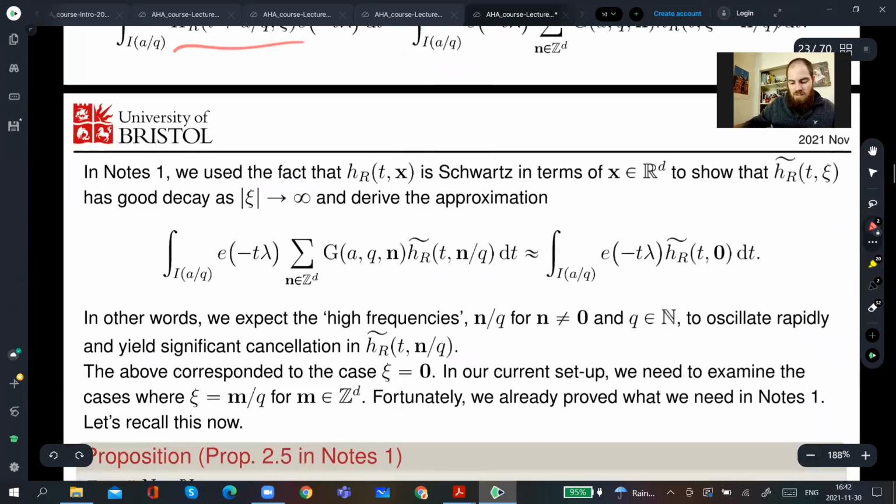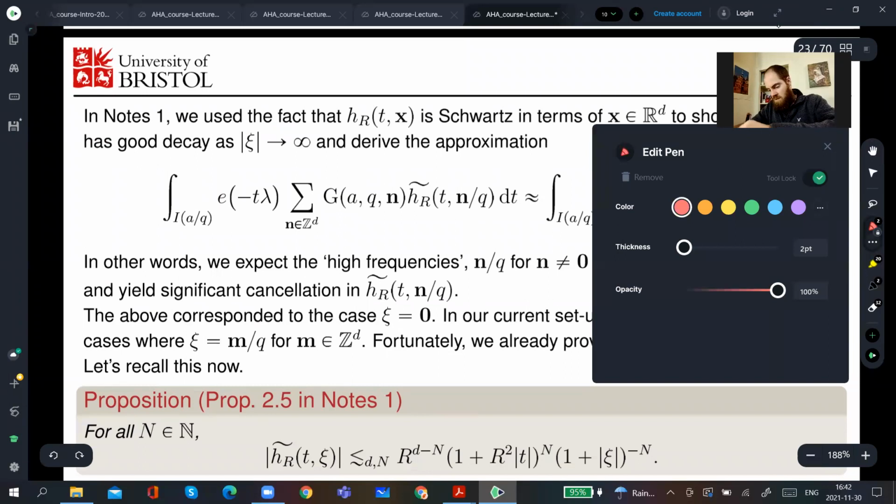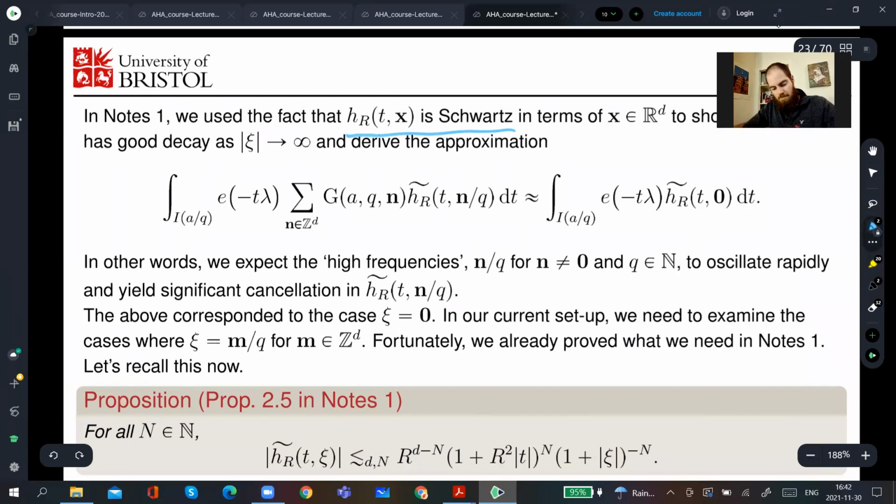And previously we noticed that this function h_r(t, x) is Schwartz in x, and so we expected to have good decay, and we used that to say that we have the following approximation when c was equal to 0. Now we're going to just recall the bound that we used to prove that, because we're going to use it again now for c non-zero. So what is that bound?